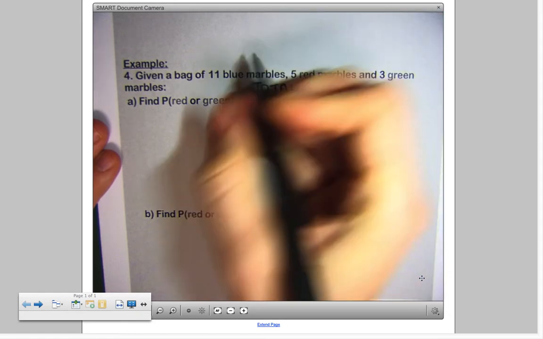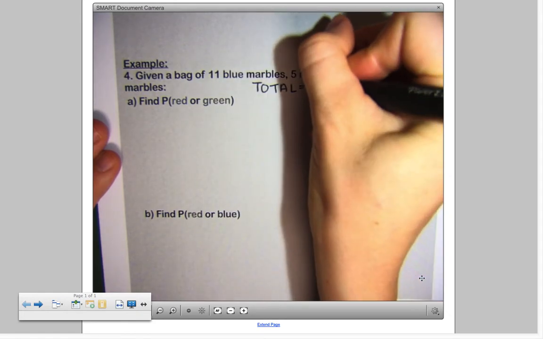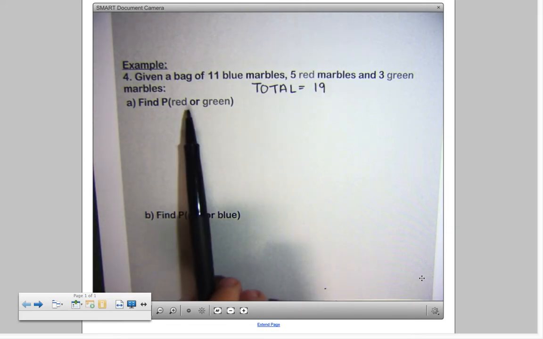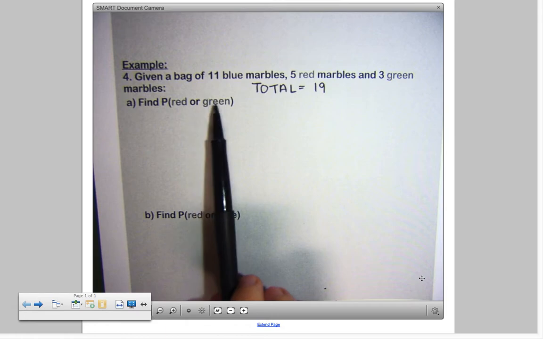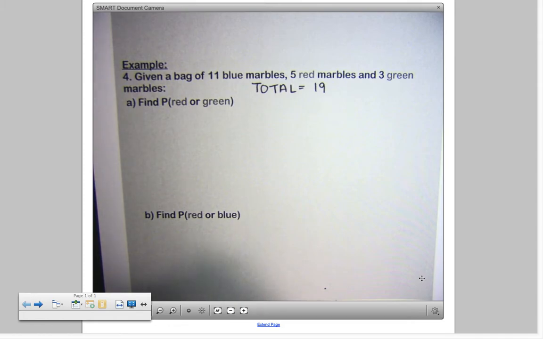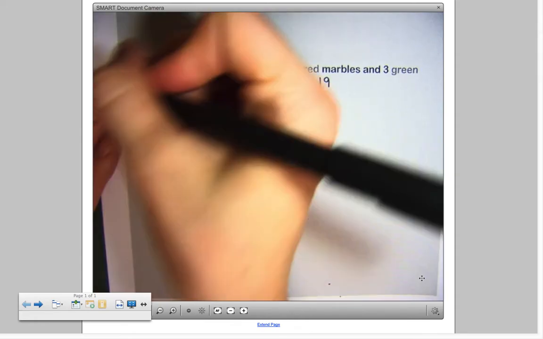So if I have 11, 5, and 3, that means I have 19 marbles total. So I want the probability that I draw a red or a green. Okay, these are mutually exclusive because I cannot draw a red and a green on the same draw because a marble is only one color. So I can only draw a red or a green. So it has no common outcomes.